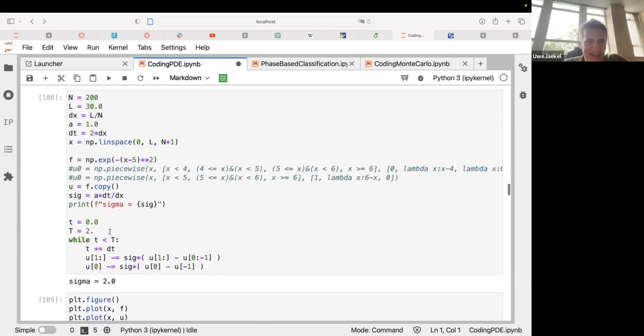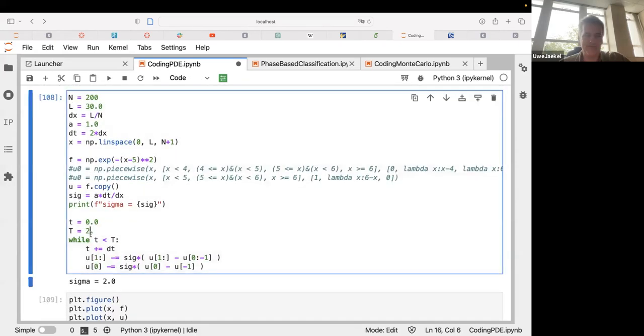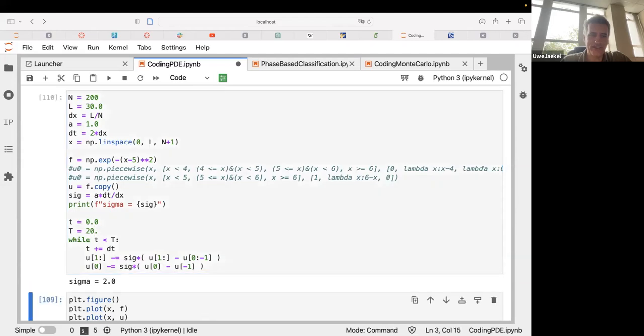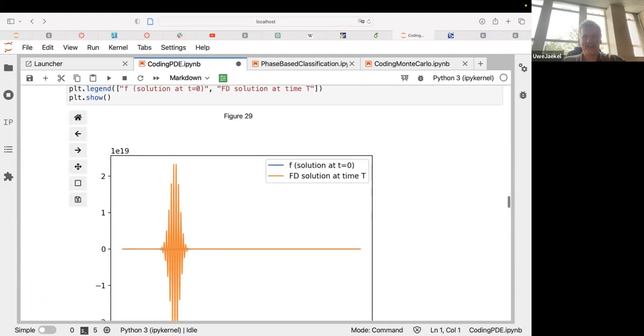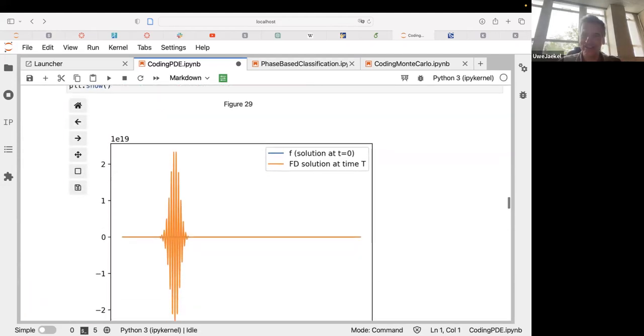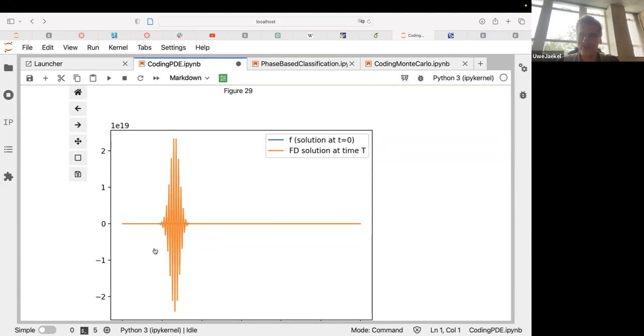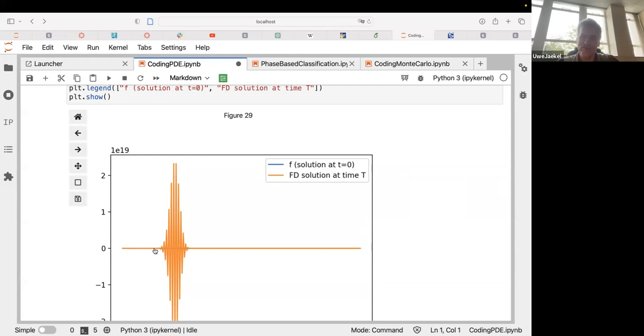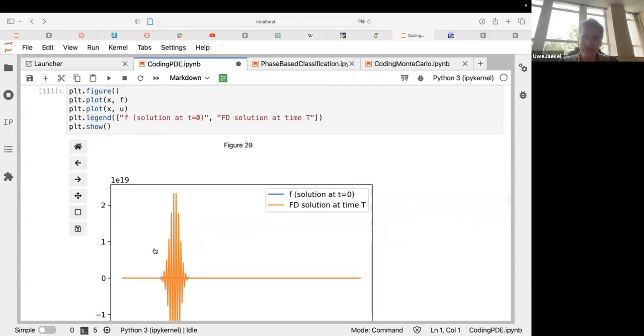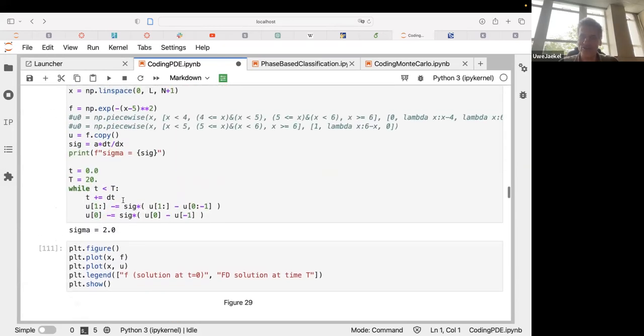Actually this is very dangerous. Let's make the solution evolve for a longer time, for 20 time steps. You see there are some horrible oscillations. This is a so-called instability. The algorithm becomes unstable if we make this sigma too large.